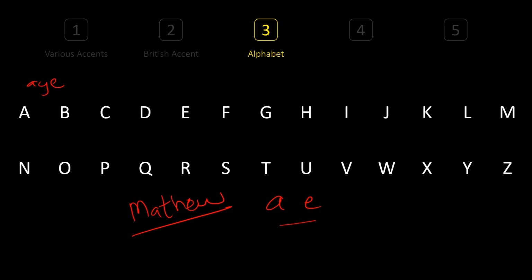So A, F, G, H. A big difference comes here. It's I, not I. I is like literally dropping it down suddenly, but I.